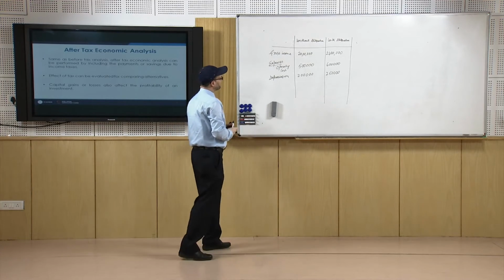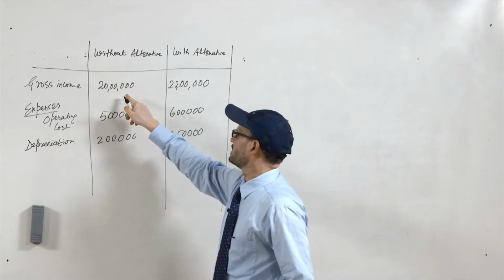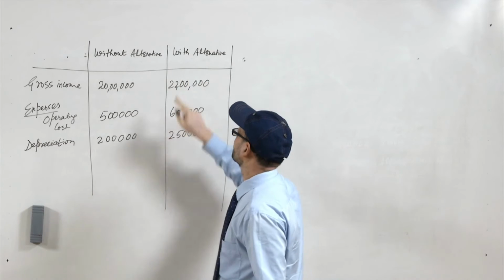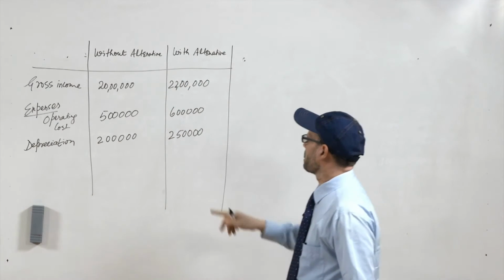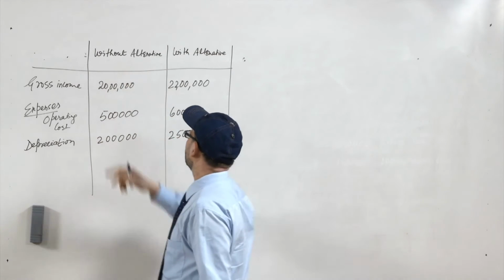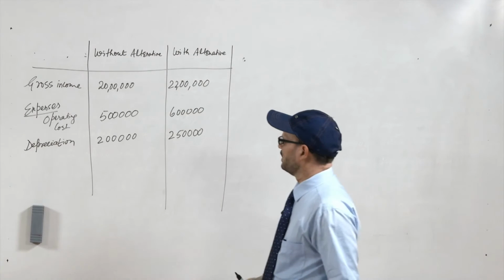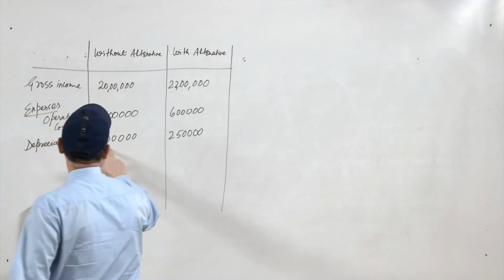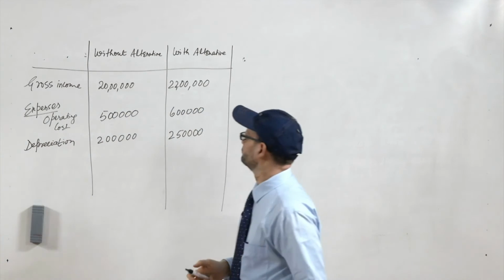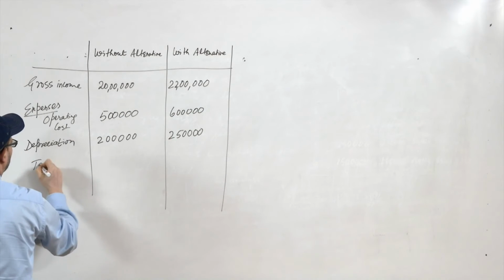So, what we see is you have the gross income of 20 lakhs without alternative and 22 lakhs with alternative, 5 lakh is the operating cost in the case without alternative and 6 lakh is the operating cost with alternative. Depreciation is 2 lakh here and 2.5 lakhs. So, what we see is the change in the taxable income.